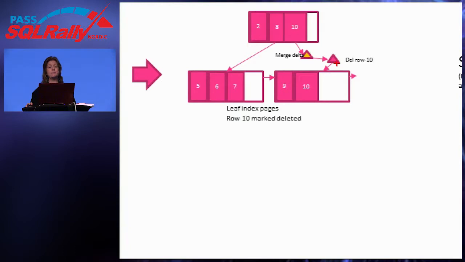SQL Server puts something called a merge delta and an indication that the 10 is being deleted. Well, the delete of the 10 is the delta record, and then a special record saying we're doing a delete of that value.